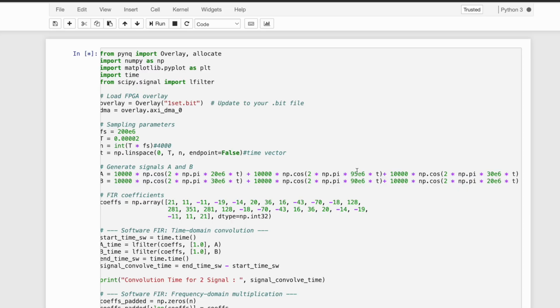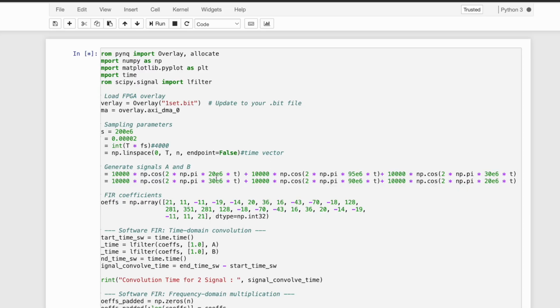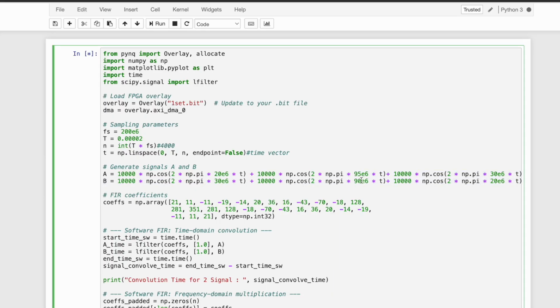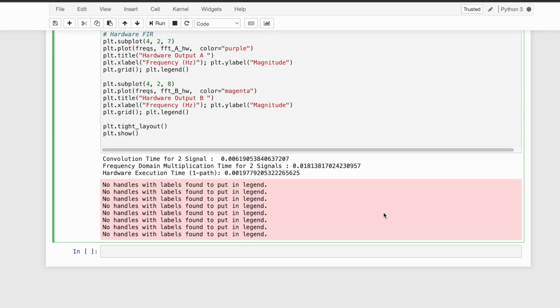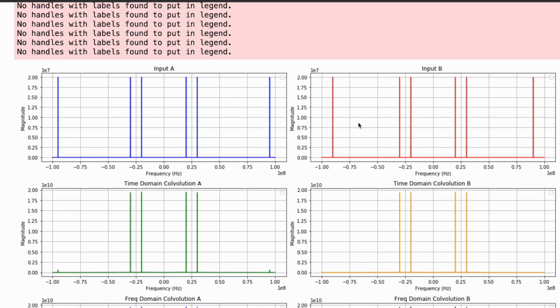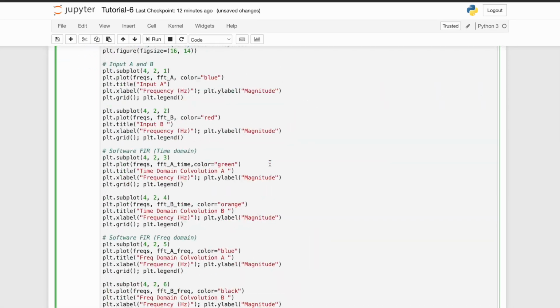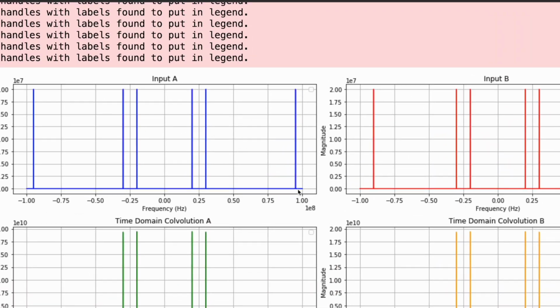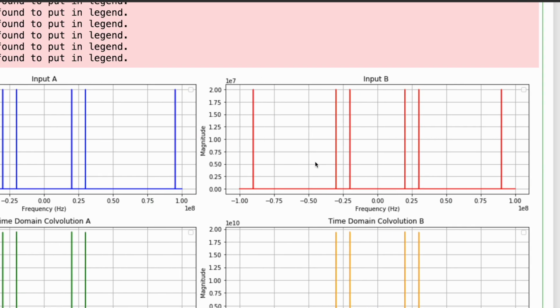So theoretically my 20 and 30 in both cases should be preserved, while 90 and 95 should be attenuated. I have my 6 peaks, one at 20, one at 30 and one at 90. Sorry, this is 95, I believe. Yes, I have 95 in the first signal and 90 in the second signal.